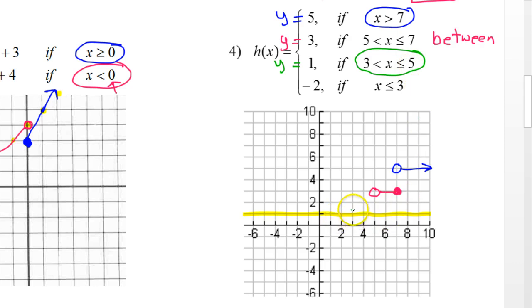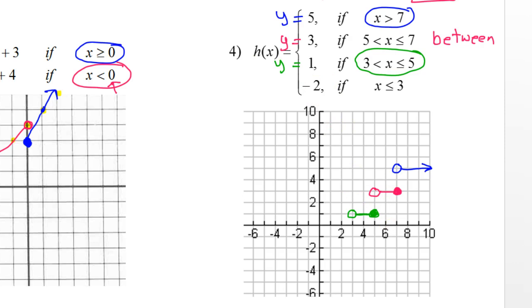So here is 3, and here is 5. And this is the part that's between 3 and 5. Open circle, closed circle. Okay, closed circle on the 5 because or equal to 5. So that's what the third piece should look like.